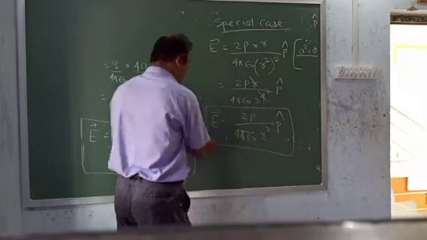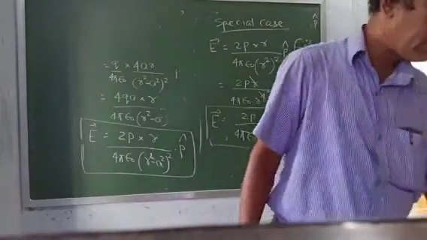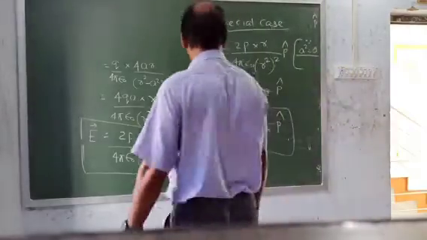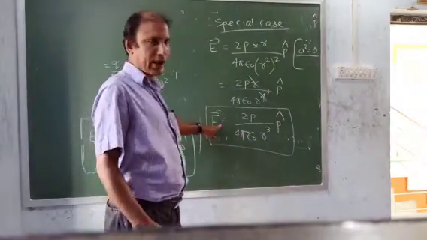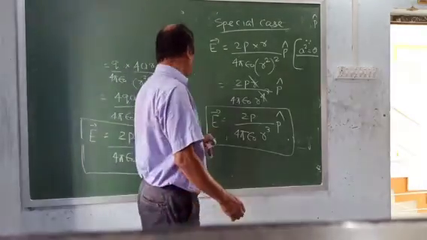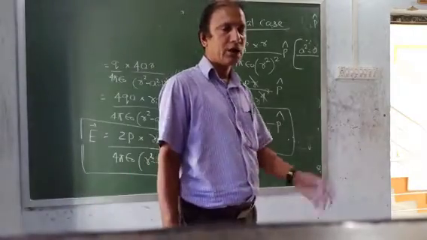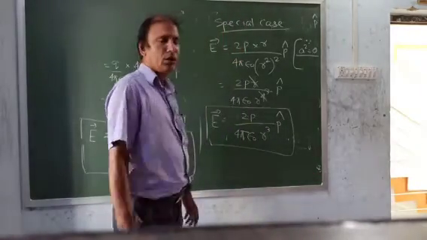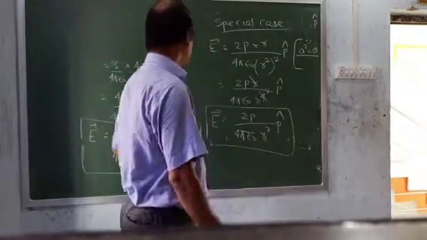This is the electric field at any point on the axial line when you consider the special case, called the far axial point. This is the case for a far axial point, a point at a very large distance. While solving numericals, always take care of this.